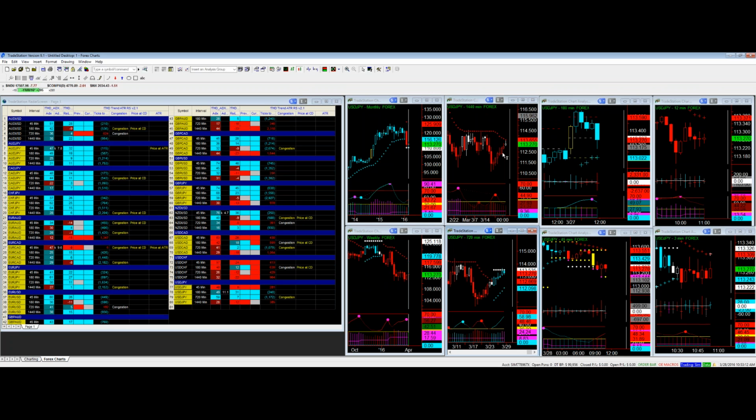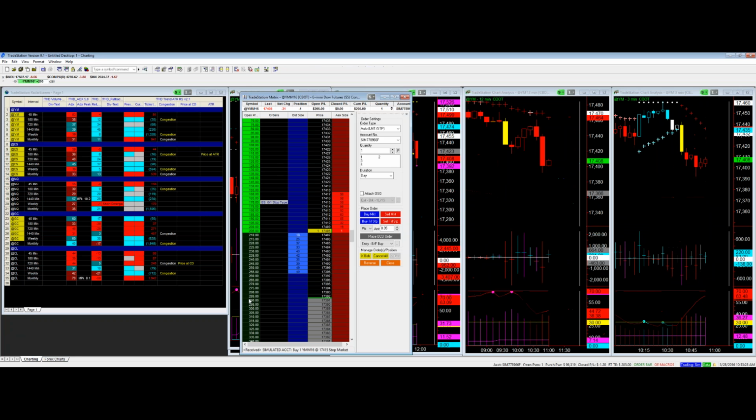I am expecting the USD JPY to go down. I'm already in that trade though. And again, you have to go through each one of these. If it says price at a CD, price at a ATR, you just go in and see if there's a valid setup there.